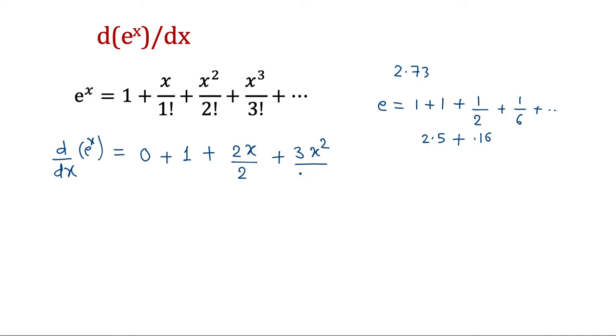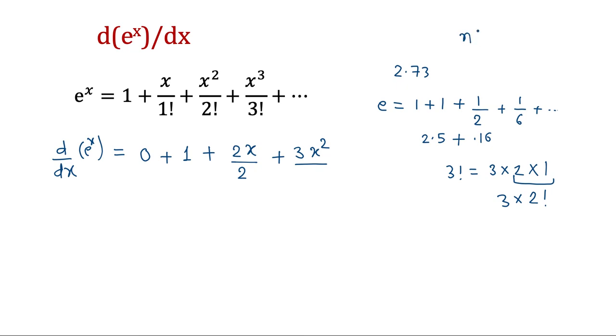And the denominator is 3 factorial. And what is 3 factorial? 3 factorial is 3 times 2 times 1. And what is this 2 times 1? It's 2 factorial.